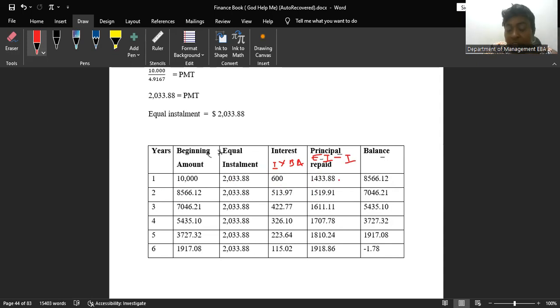We are dealing with the first year. Now, balance. This balance is looking at the principal balance. So for us to know the principal balance, we have to subtract from the beginning amount. The beginning amount is the amount we did what?